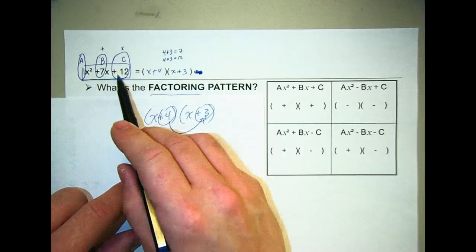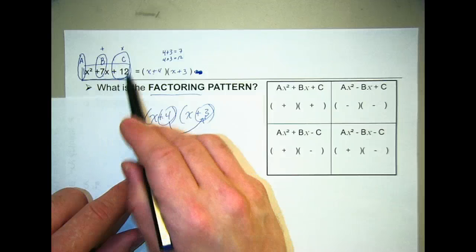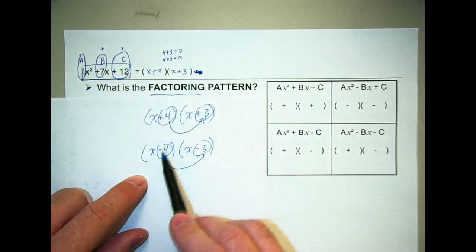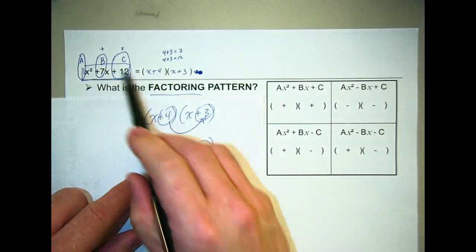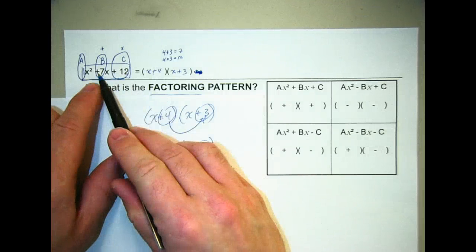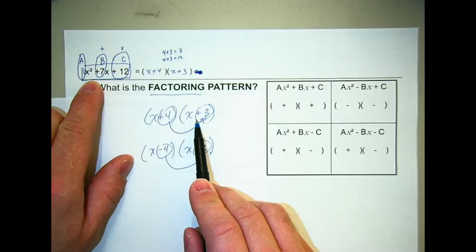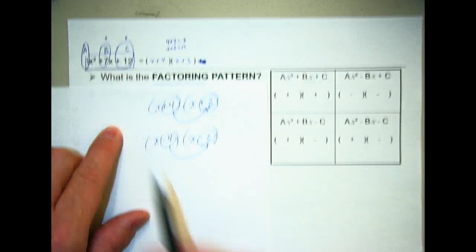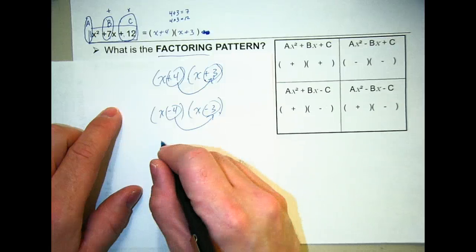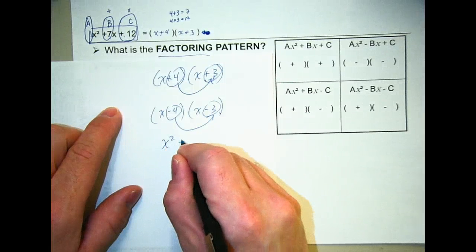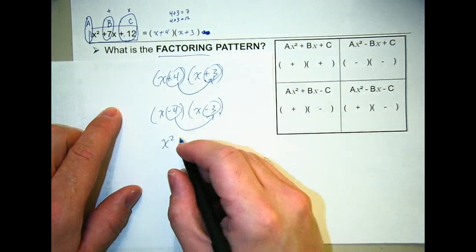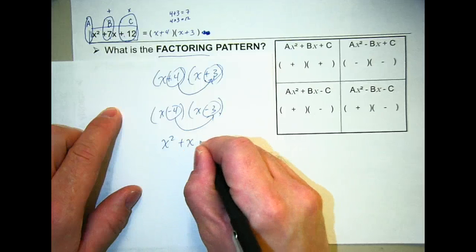So if it's a positive back here, if this is positive, that means that the signs have to be the same. So if the signs are the same, then I look at my b term. Well, I want a positive there. That means it's plus plus. Everyone with me? What if this was -12? What if I had x squared plus x minus 12?